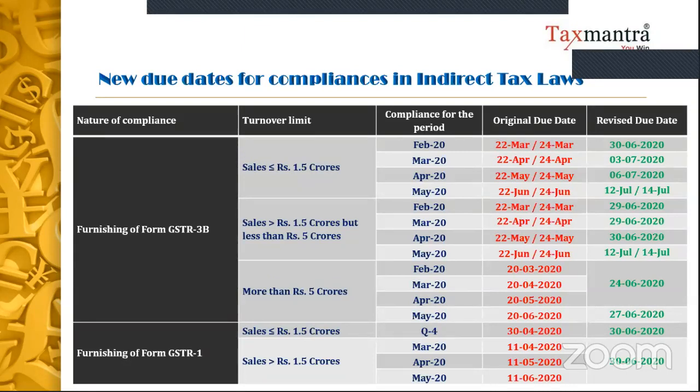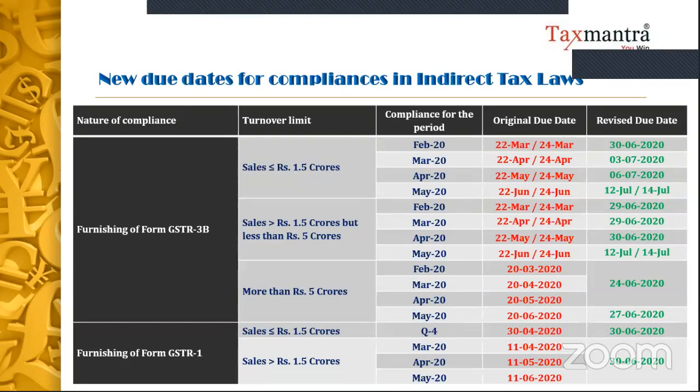If the taxpayer belongs to Telangana or Maharashtra, then it would be 22nd of March for the month of February. So depending on the states, the original due date was mentioned in the presentation. So if you go to the original due date, you can see the revised due date. For the month of February, the due date was 22nd of March and 24th of March. Now, it has been extended to the 30th of June 2020.